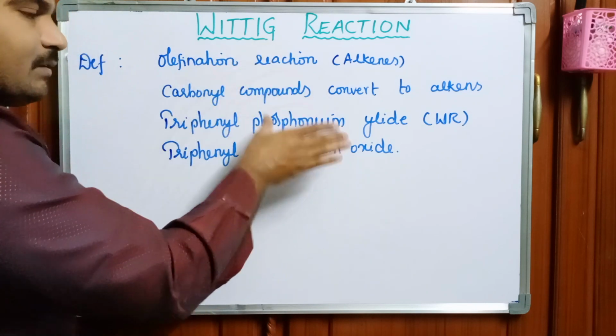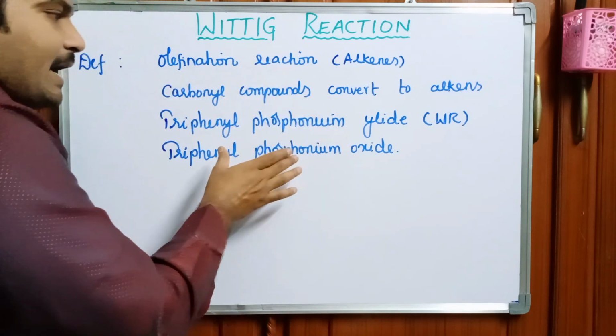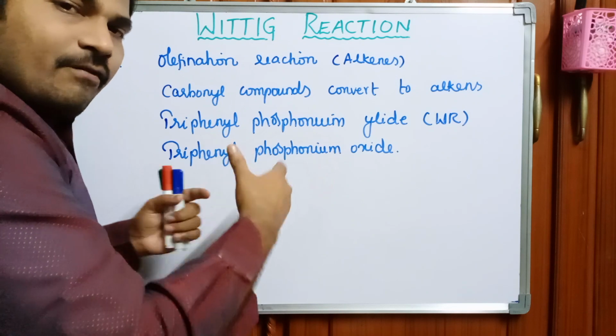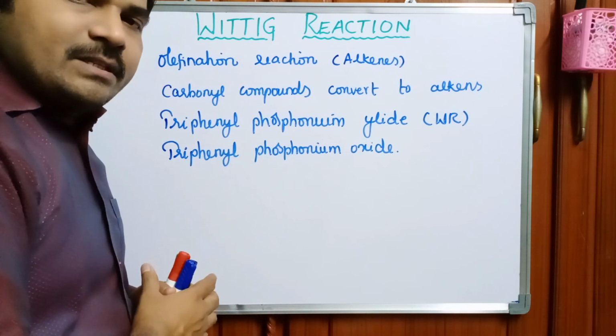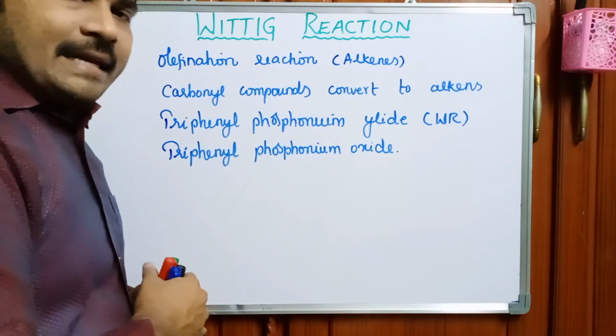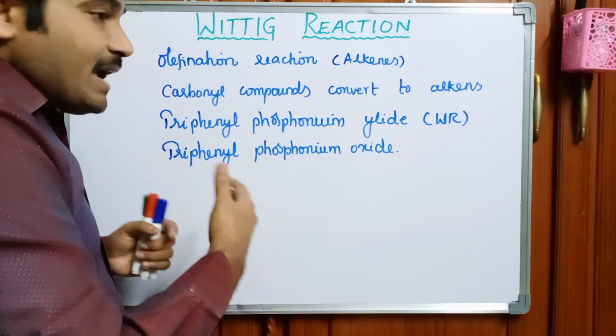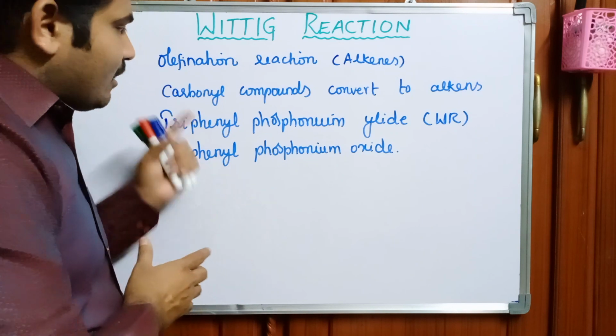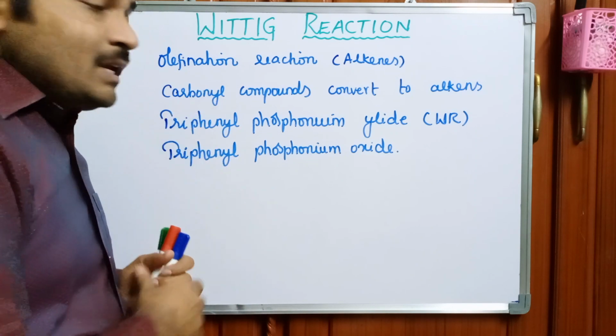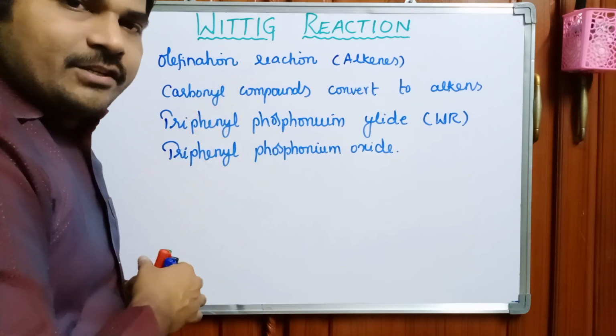Okay, so this is Wittig reaction. It has very wide applications in organic chemistry for the synthesis of alkenes from many types of carbonyl compounds like aldehydes and ketones. Let us see the overall reaction.